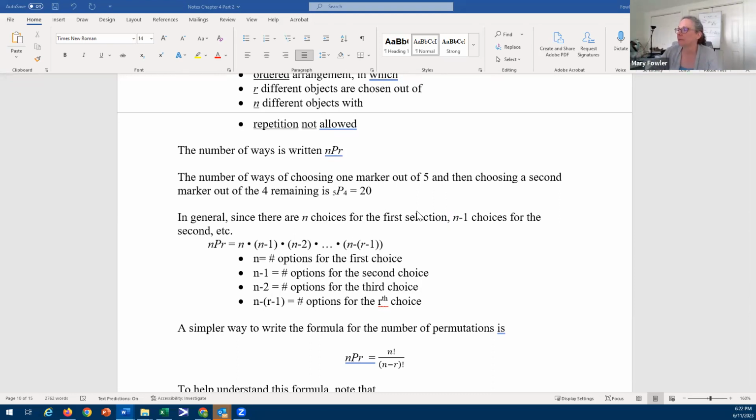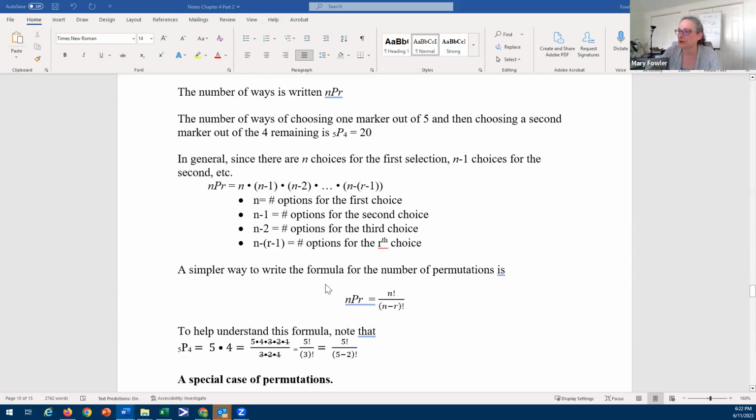So there are n options for the first choice, and then one of those markers goes away, so n minus 1 for the second, n minus 2 for the third, and all the way down to n minus r plus 1.